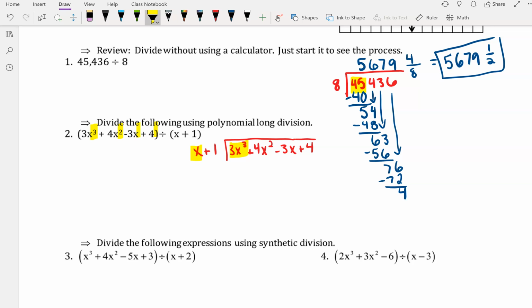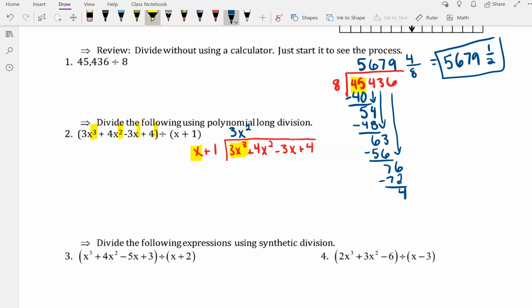So in order to see how many times x goes into 3x cubed, I think about what I would have to multiply x by to get 3x cubed. Well, obviously I'd have to multiply it by a 3, and then I'd also have to multiply it by an x squared, because x times x squared gives x cubed. So 3x squared is what I would have to multiply x by to get 3x cubed.